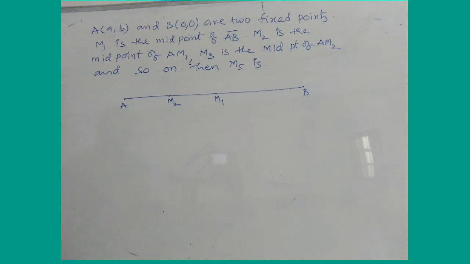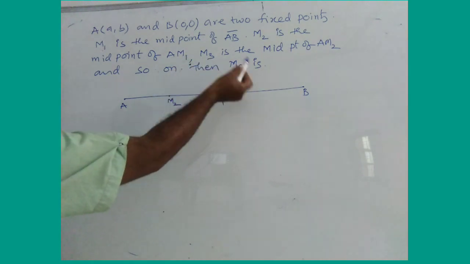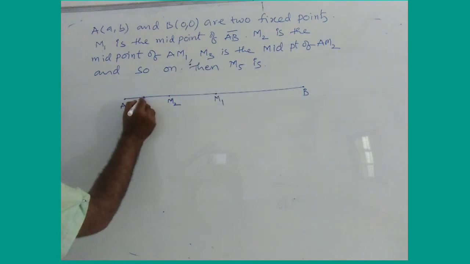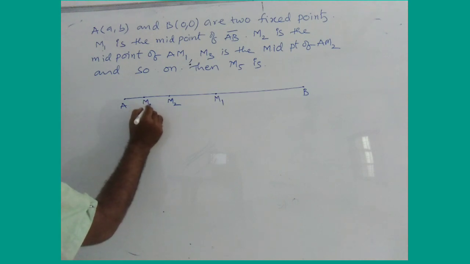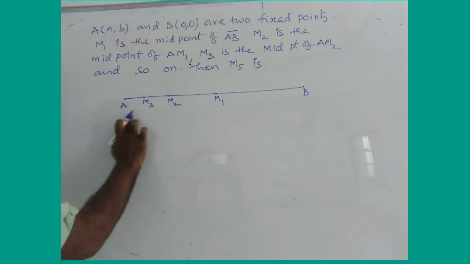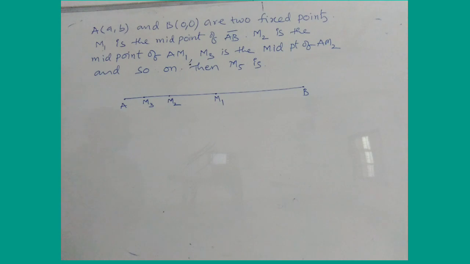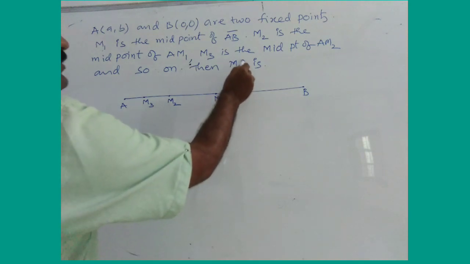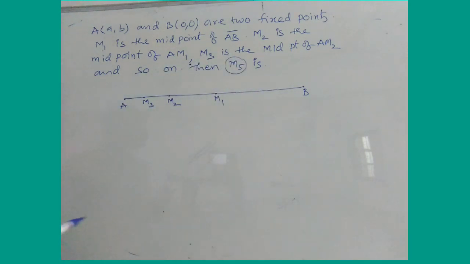And M3 is the midpoint of AM2. This process will be continued so on. Then we have to find the coordinates of M5.